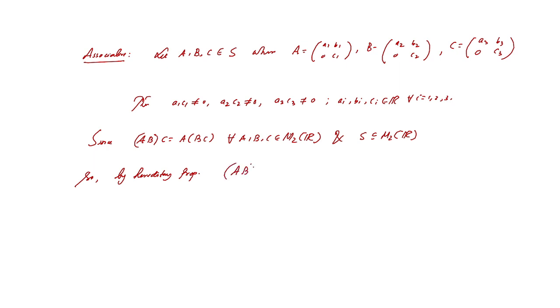We can say (AB)C equals A(BC) for all A, B, C belonging to S. So associativity property holds in S.